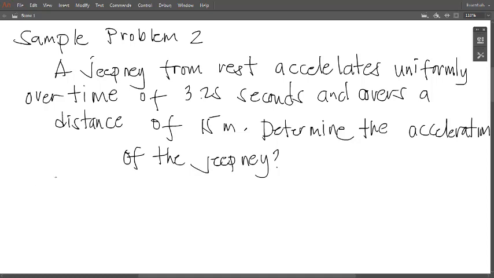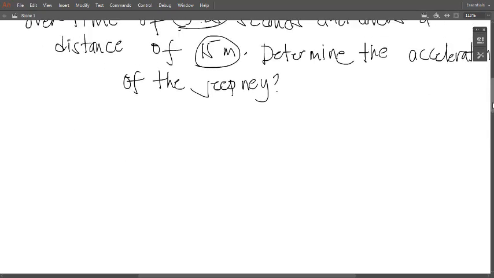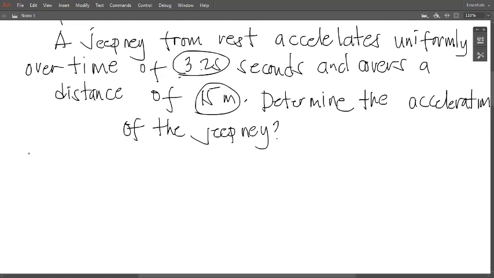So what are the given numbers here? We have 15 meters, which is distance, and we have time.